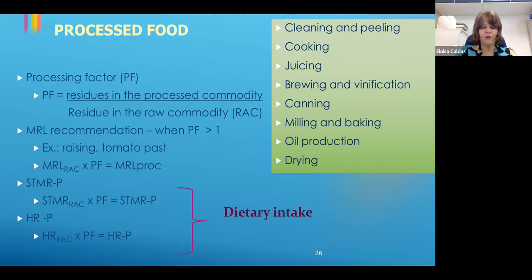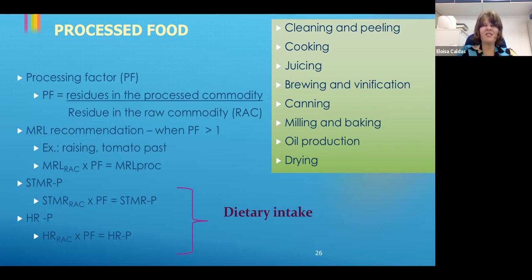But we have some other food crops and also feed crops. I'm going to show you some examples later. And how do you estimate the maximum residue level for this processed commodity? You just multiply the maximum residue level, the MRL. You may find it strange because sometimes I use the term level and sometimes the term limit.